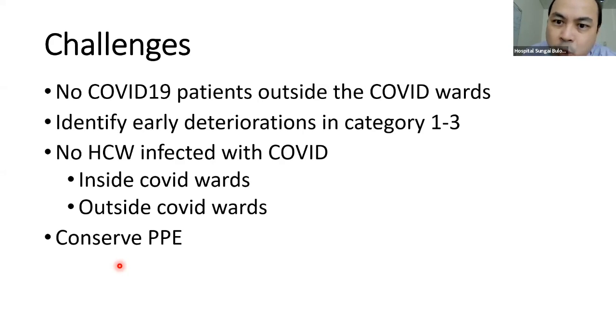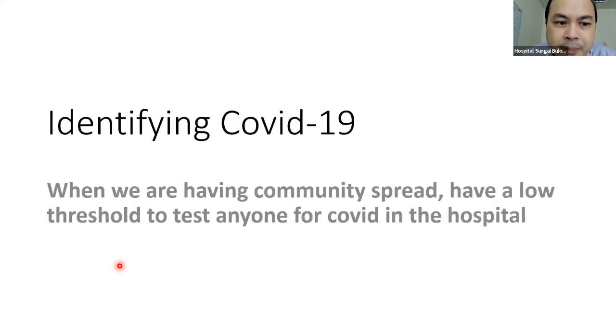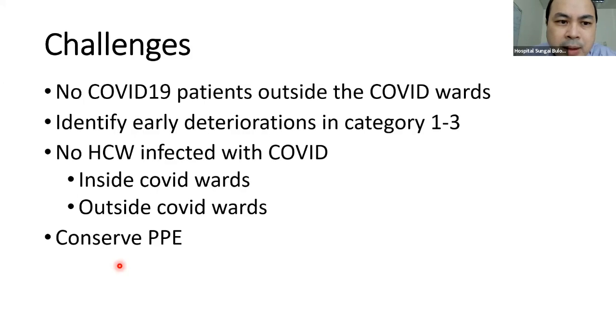From what I'm told, there are some healthcare workers in Sabah currently who have just recently been diagnosed with COVID as well. And the fourth priority is how do we make best use of the PPEs that we have, the personal protective equipment that we have.